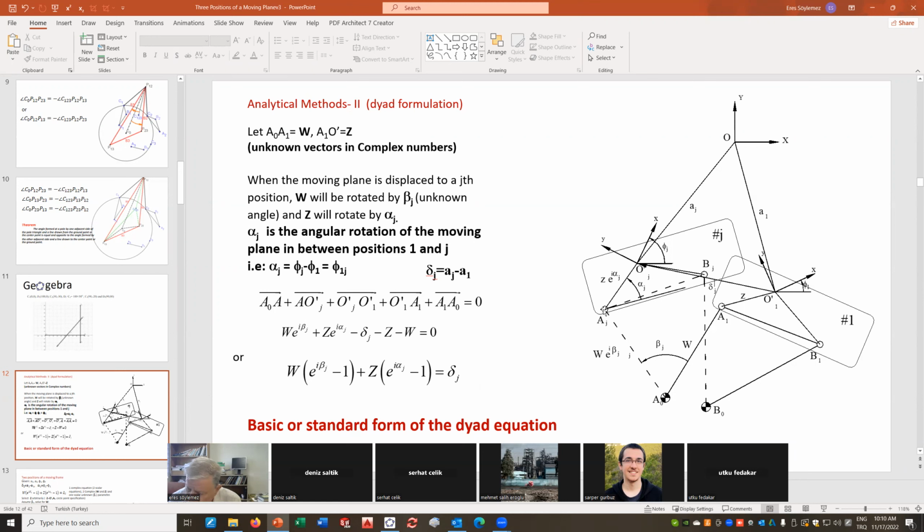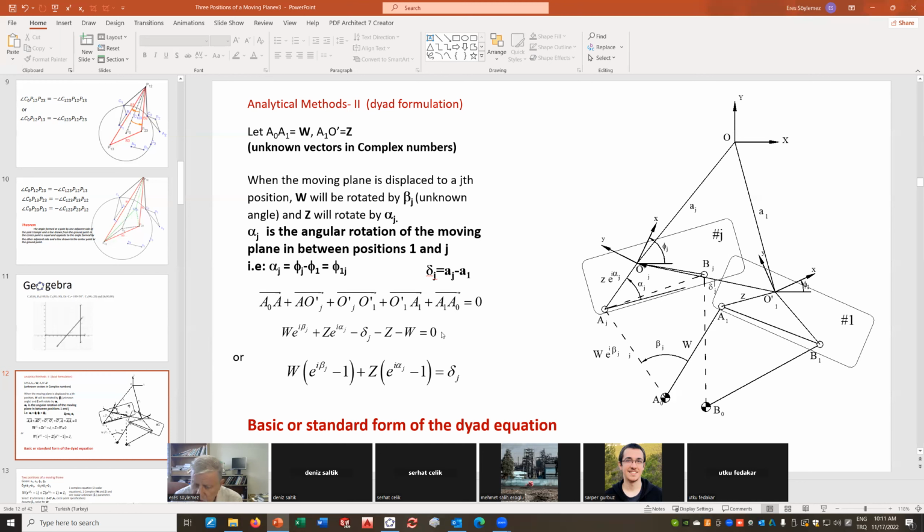W e to the i beta j, W vector rotated by an angle beta j; Z e to the i alpha j, Z vector rotated by an angle alpha j equal to phi j minus phi 1; minus delta j, where delta j is equal to AJ minus A1; minus Z minus W must be equal to 0.